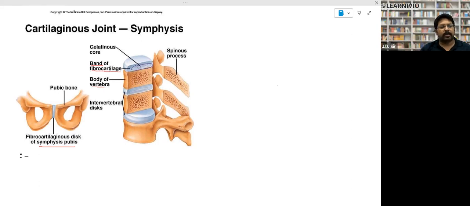This is called a cartilaginous joint or very slightly movable joint. The same thing between our right and left hip: there is a joint made up of the same cartilage and cushion-like structure, known as the pubic symphysis. So this is a slightly movable joint. Clear?